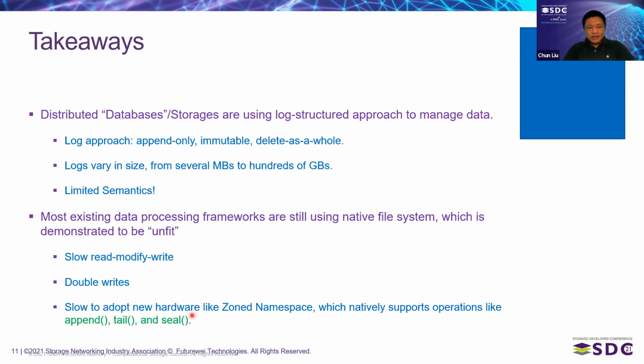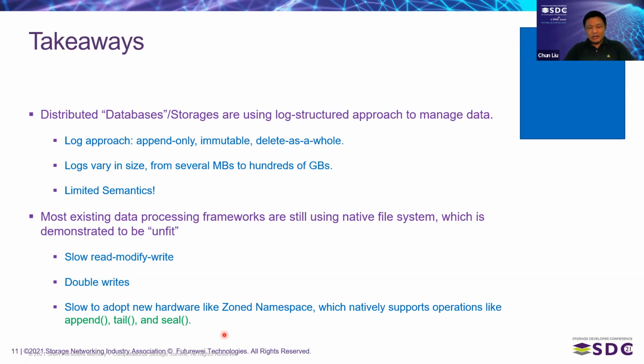Also, a native file system is slow to adopt new hardware like Zoned Namespace, which already supports some of the common operations like append, tail, and seal functions. So it feels like both the application and hardware aligned to a common limited semantics, but the file system in the middle, being backward compatible, is demanding a lot more semantics, making it cumbersome and slow.